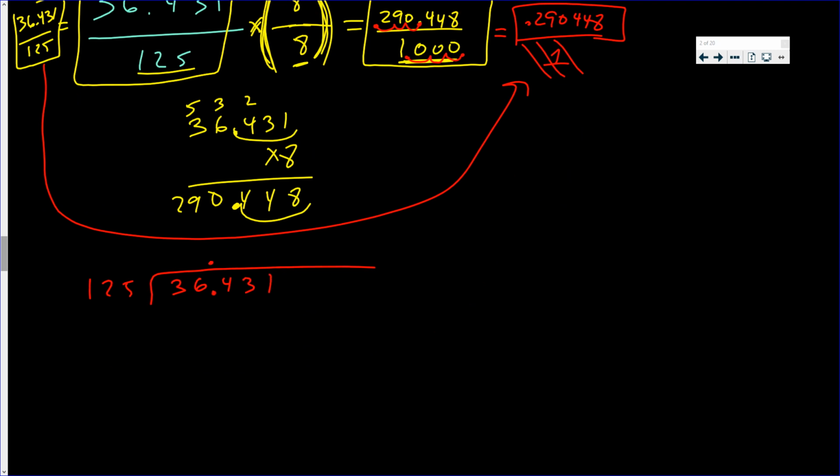36431. 125 times 2 is 250. That leaves 114. Bring down this 3. Multiply by 9. That gives you 900. It gives you 1125. 9 times that number is 1125. That gives you 18 left over. Bring down the 1.